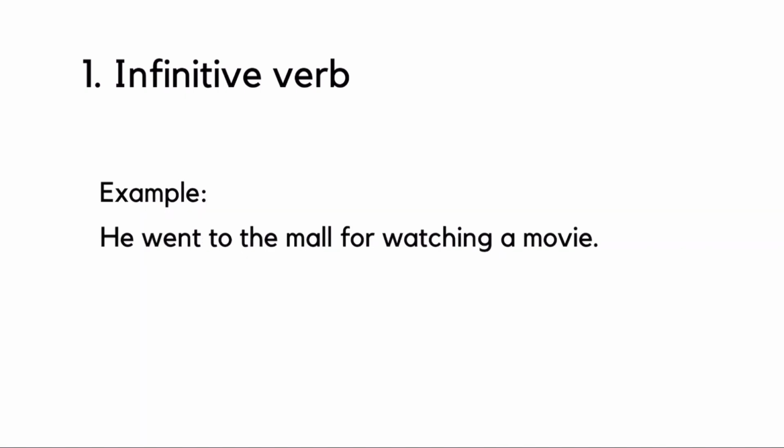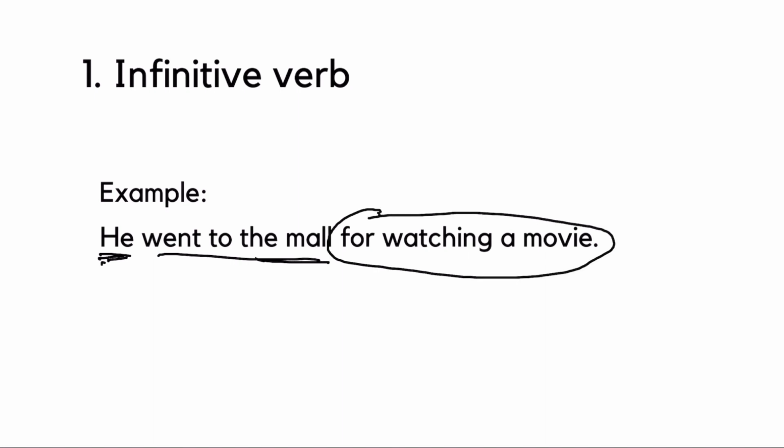The first example we have here is: he went to the mall for watching a movie. Now we all know that there is a purpose for which he, the subject, went to the mall. The person went to the mall with the purpose of watching a movie. So there is a purpose for his action.